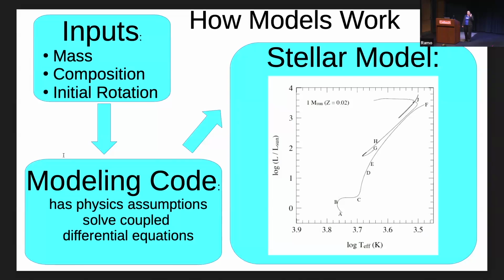So you solve the set of equations, then you say, take a step forward in time, how does it change? And you can map out that track across an HR diagram as a function of temperature and luminosity. It starts as a main sequence star, it evolves across the subgiant branch, it goes up the red giant branch.